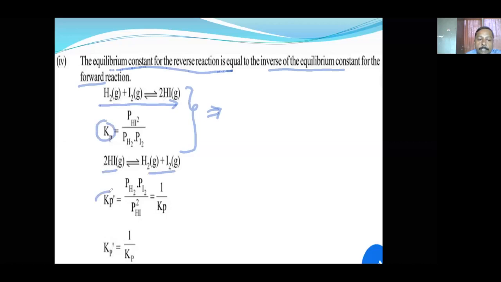The Kp for the dissociation will be the reciprocal of the Kp for the formation. So when the equation is reversed, the equilibrium constant will be inversed. Is that understood? This is very important.